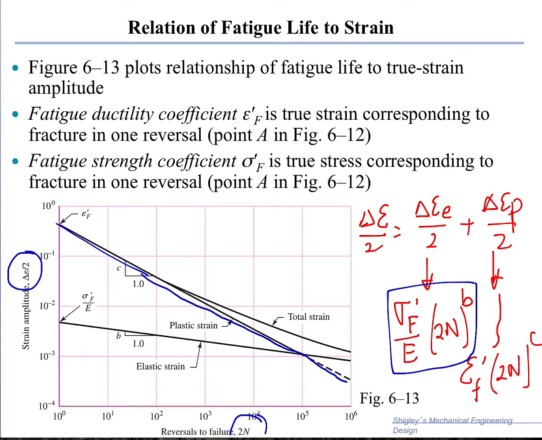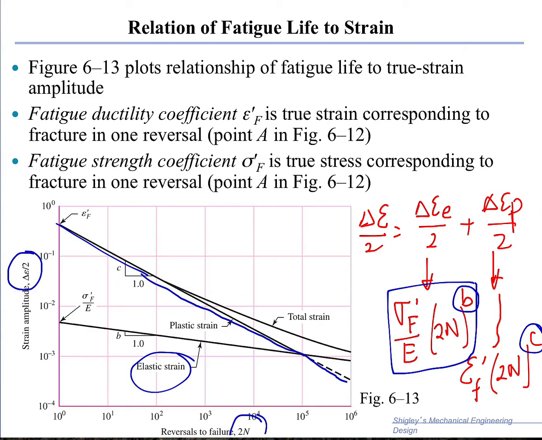And the slope of that straight line for the plastic strain is c. And similarly, for the elastic strain, you get a straight line with the slope of b. Notice that if you present each one separately, you'll get a straight line, and when you sum them over the log plot, you get the total strain.